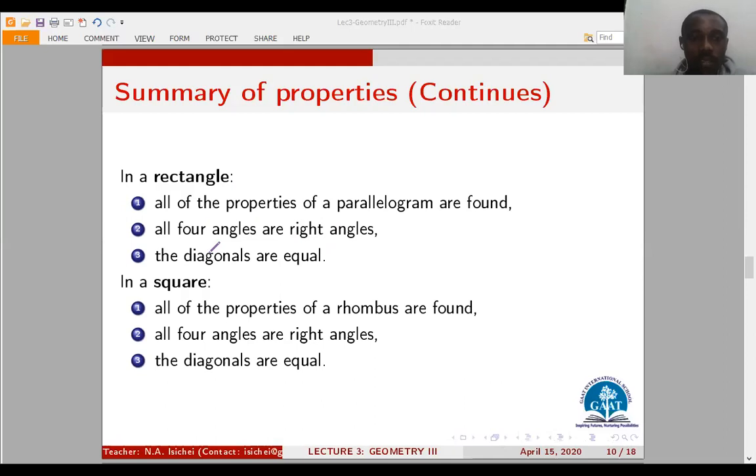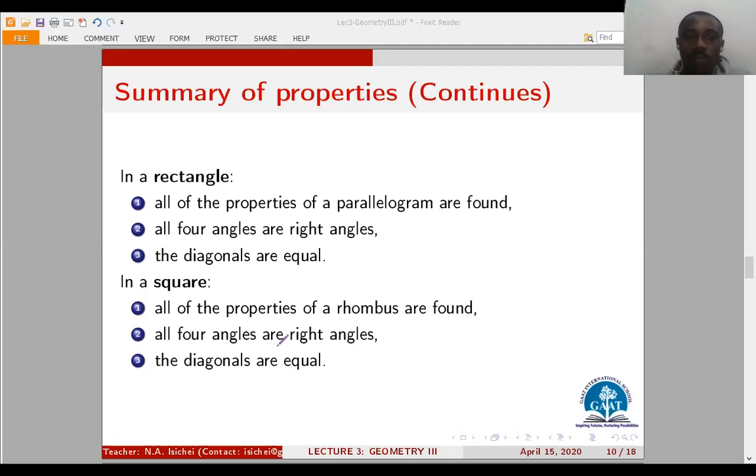And finally, in a square, all properties of the rhombus are found. Did you see that? Then all angles are right angles and diagonals are equal. So from these properties discussed, if I claim that a square, rectangle, and rhombus are all parallelograms, I believe you should agree with my claim, or you see that my claim is a fact.